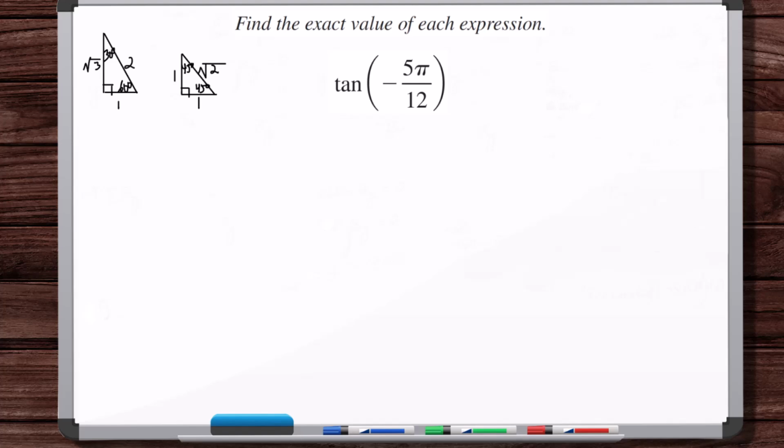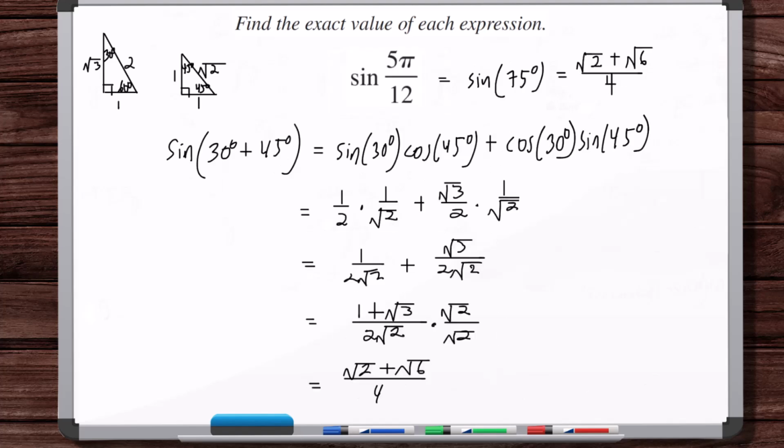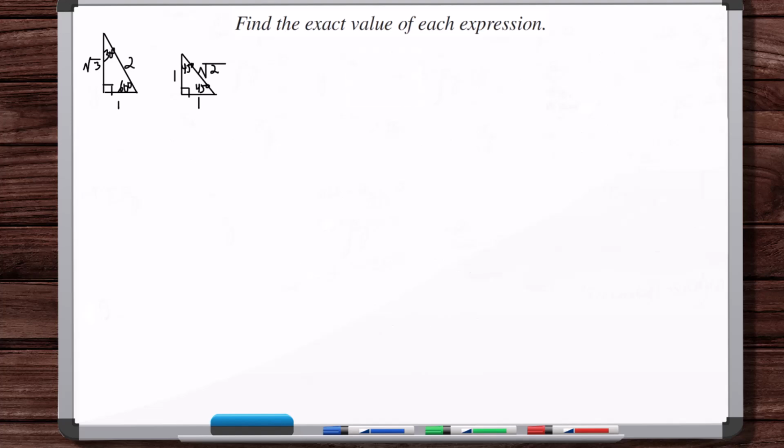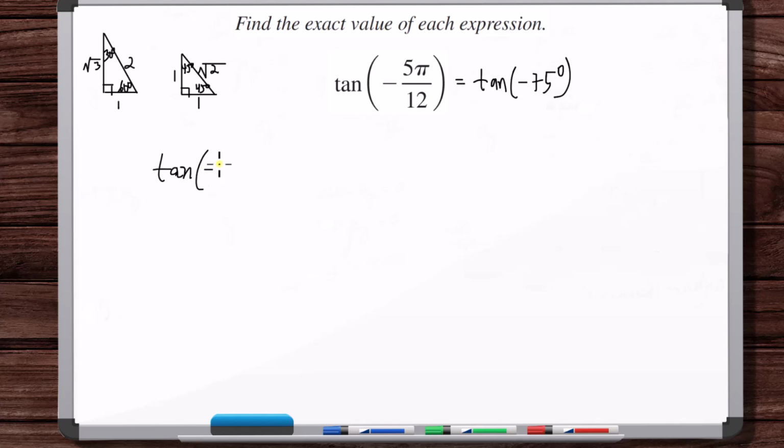Okay, minus 5 pi over 12. We just did that, right? That was 75 degrees. So now this is tangent of minus 75. So tangent of minus 75 is minus 45 degrees minus 30 degrees.